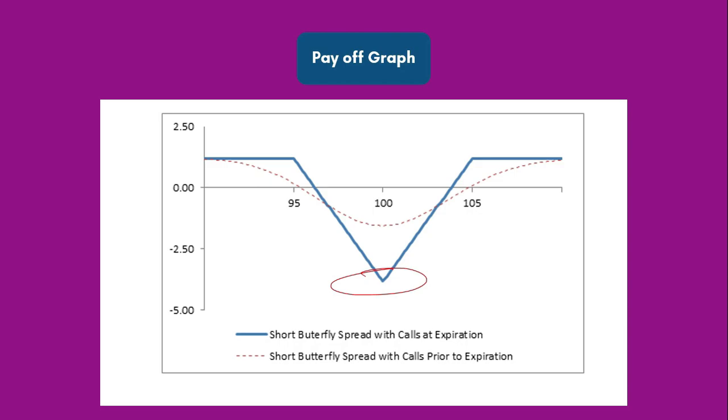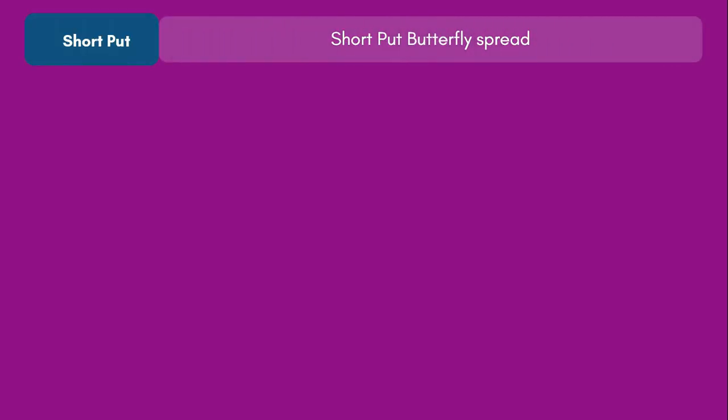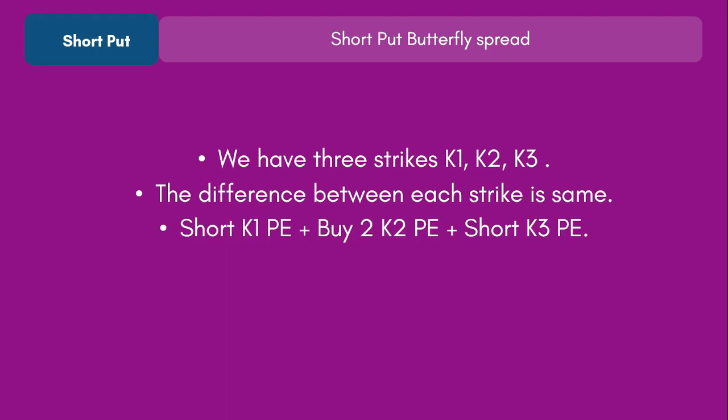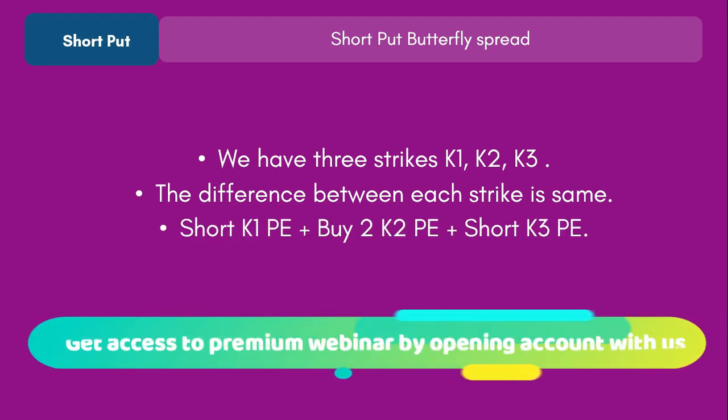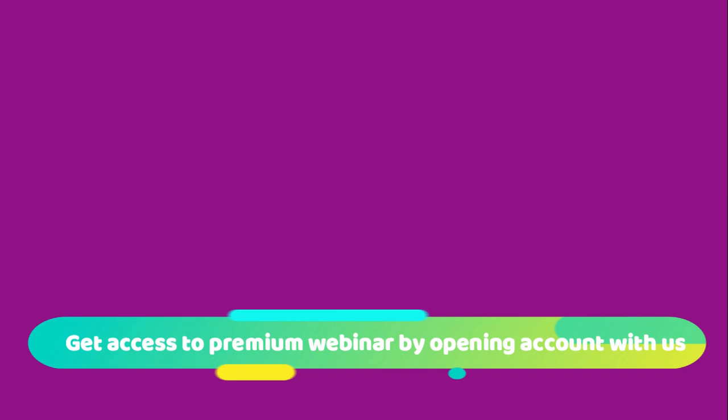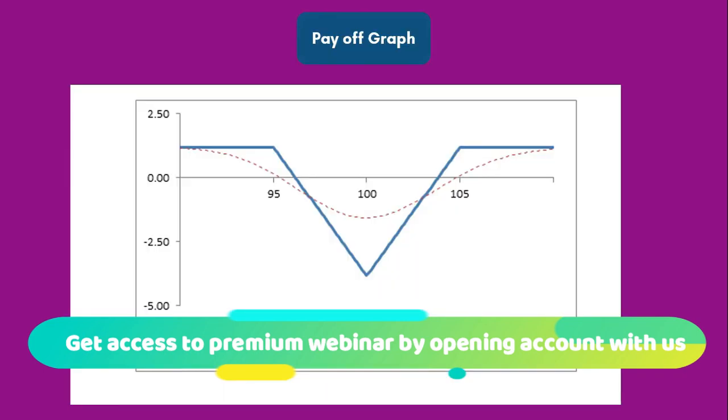On similar grounds, you have short put, where instead of call you're selling put and the rest everything is same. Short K1P plus buy K2P, short K3P. The graph would also be exactly the same. If the market stays flat, you lose money. If the market goes up or down, you make a small amount.